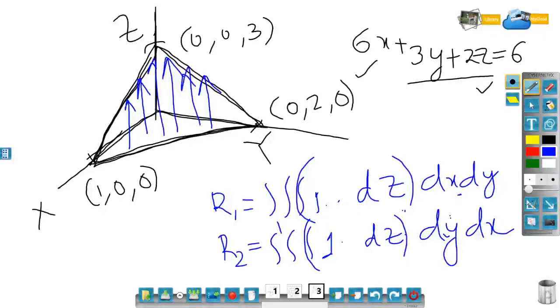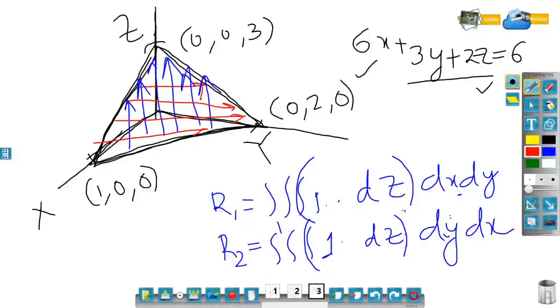In a similar way, if you go along the y-axis, then the orders of integration are as follows: dy dx dz, then dy dz dx.